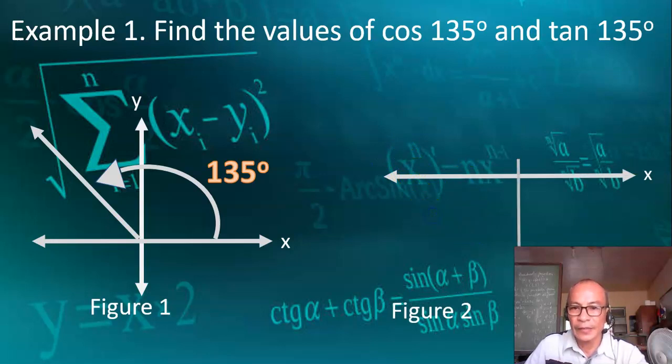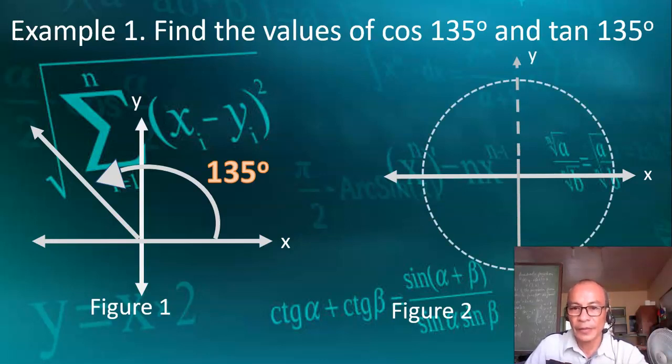Again, from figure 1, we try to draw another figure on the unit circle. So that is our point A, which is making an angle of 135 degrees.